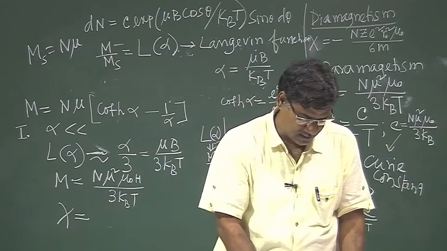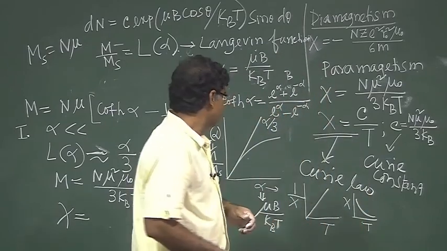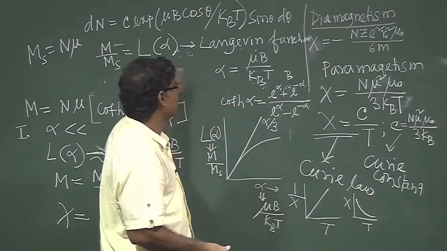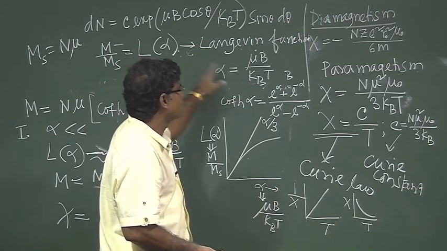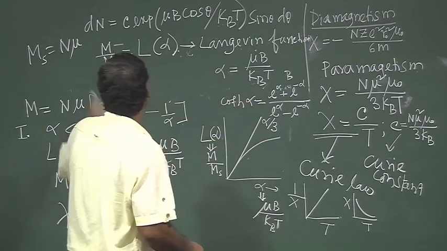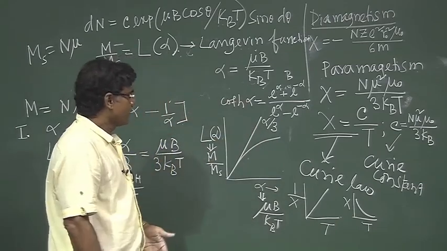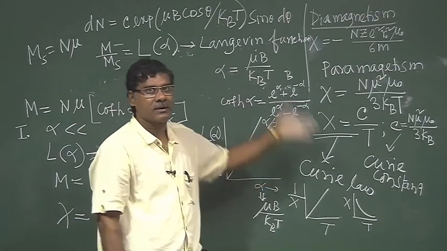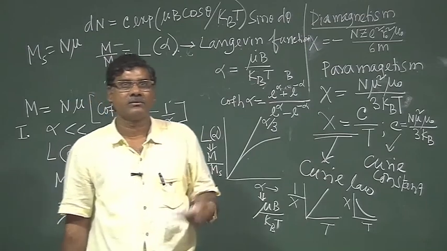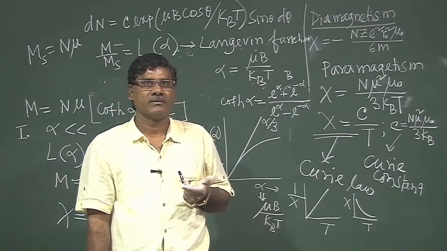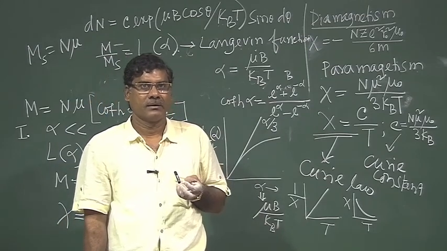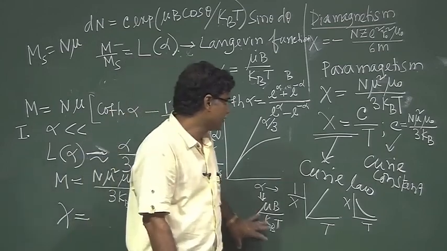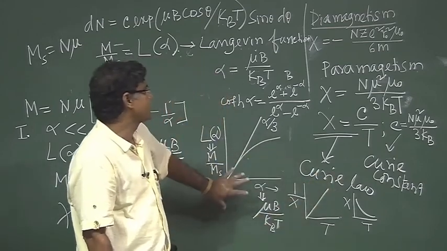So I will stop here. This is based on the classical Langevin theory. In the next class I will do the same thing using the quantum theory, and I will show that we get a similar result.